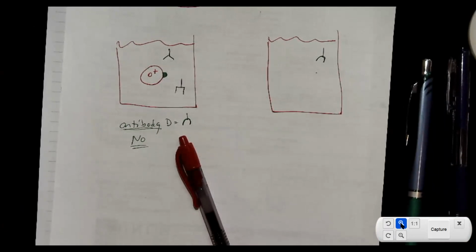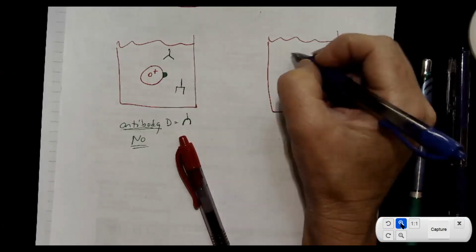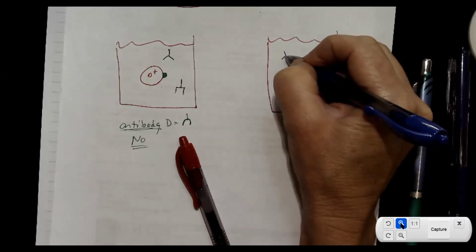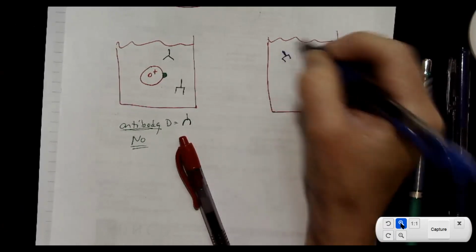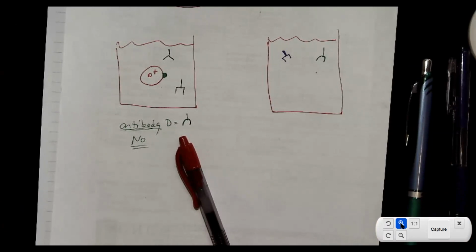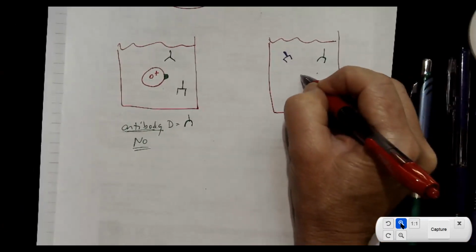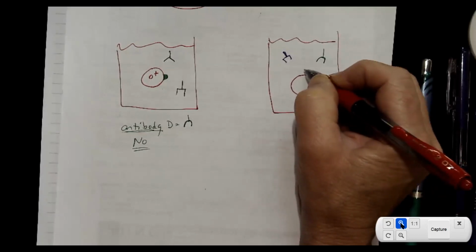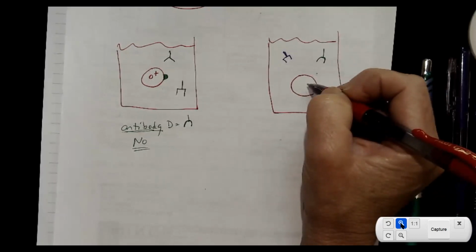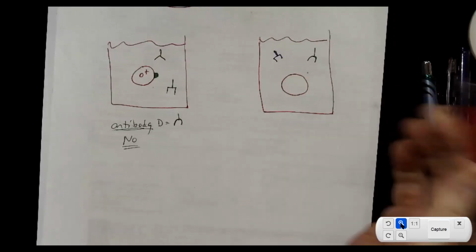And let's say that I have this antibody, okay? So what does the red blood cell look like? Well, it could look like O, but let's just say that it just looks like this, all right?